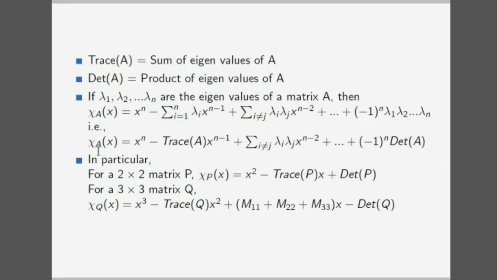We have rewritten the formula of the characteristic polynomial, and this will be helpful when we come to small order matrices like 2 by 2 or 3 by 3.